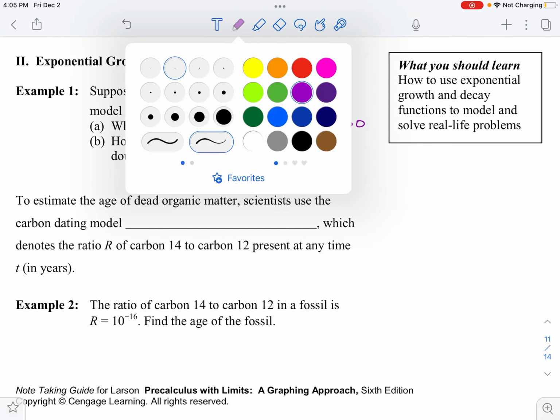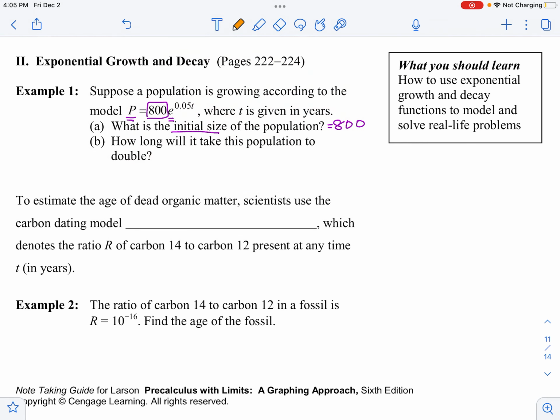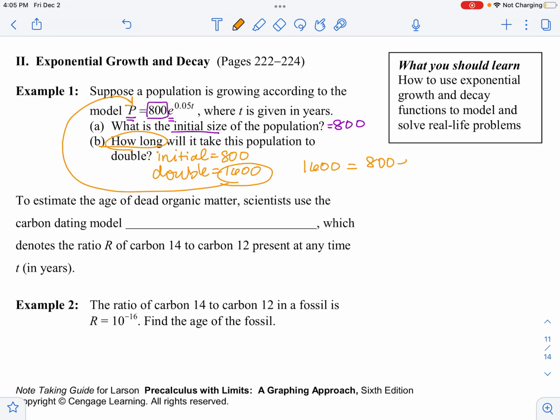And then how long will it take this population to double? So if the initial value is 800, double that would be 1600, right? So if I want to know how long it takes to get to 1600, the amount is 1600, which equals 800 as the initial times e to the 0.05t.